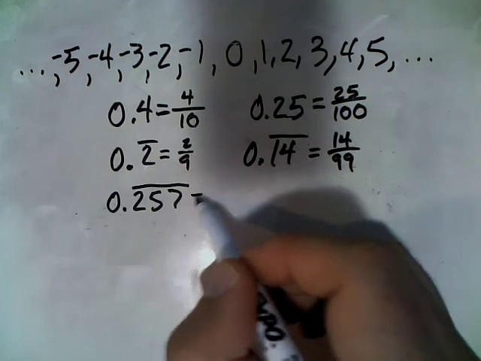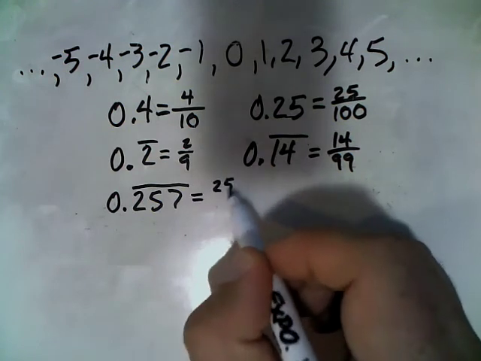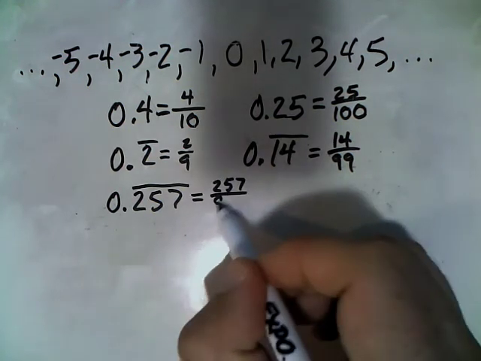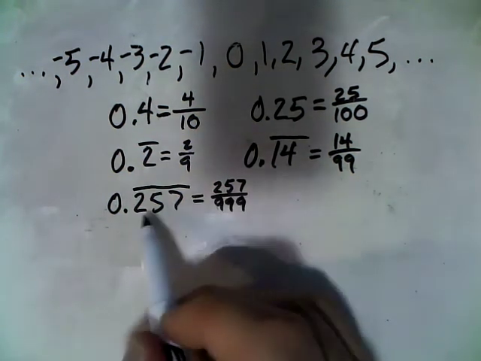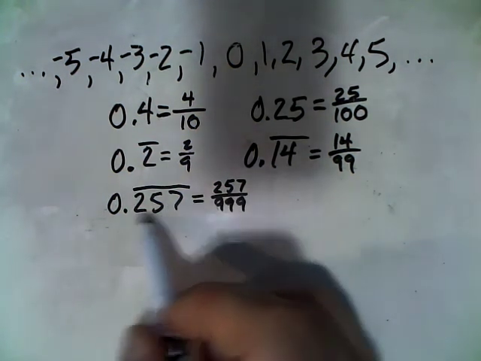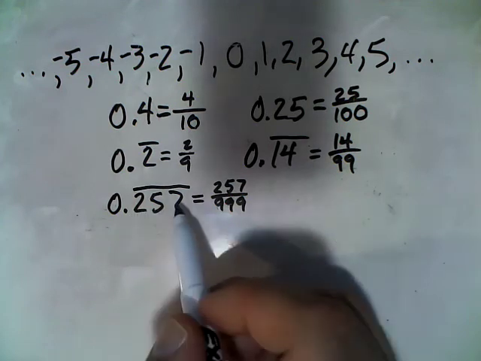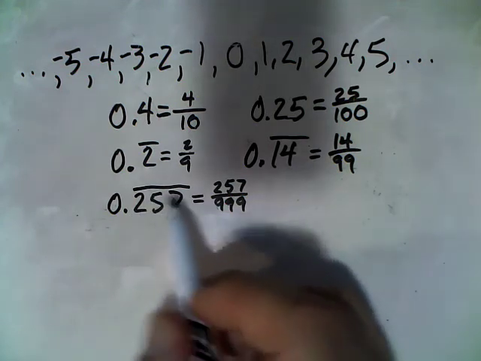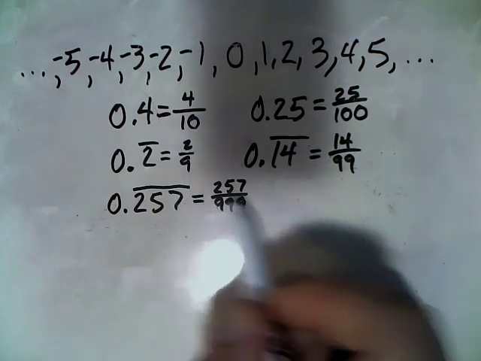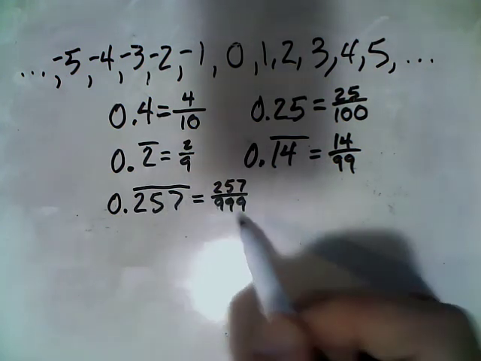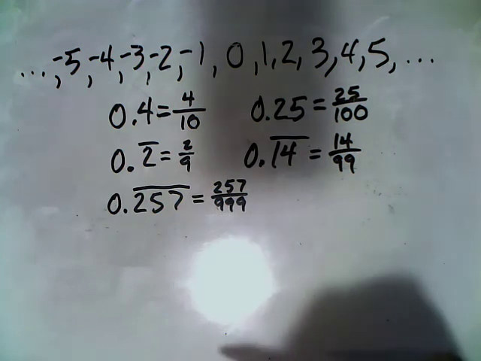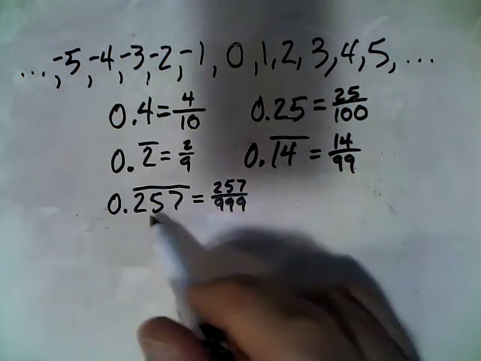This would actually be 257 over 999. So if you have a repeating decimal where all of its digits repeat, you can just take those digits, the repetend, put it as your numerator, and then take the number of digits you have, and that's the number of nines you have in the denominator. So it's actually kind of simple if they all repeat.